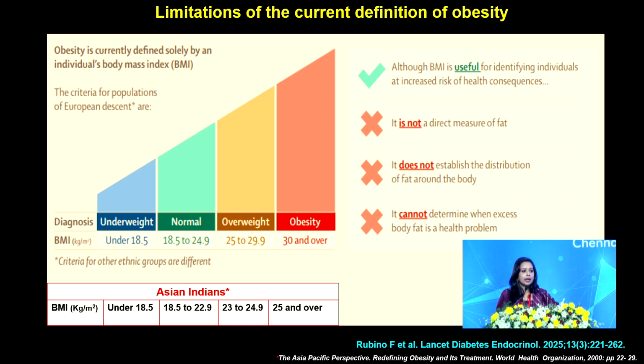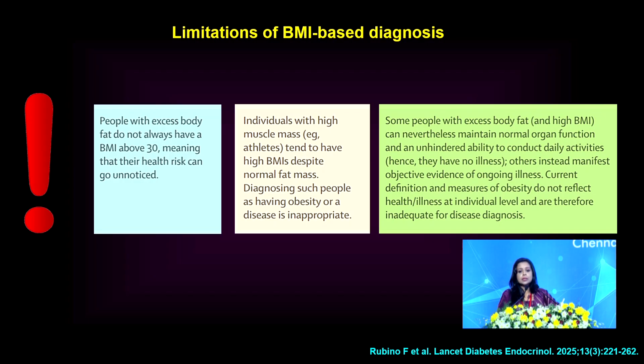So while BMI is useful for identifying a certain group of individuals, it may not be ideal when you're talking particularly about body fat, because it doesn't measure fat at all, it doesn't measure the distribution of this fat, and it cannot determine whether the fat is in excess or normal, or what it's doing. So for these reasons, using BMI, especially in Asian Indians, is a problem.